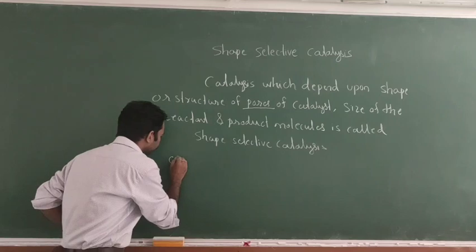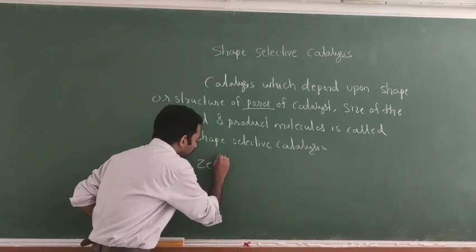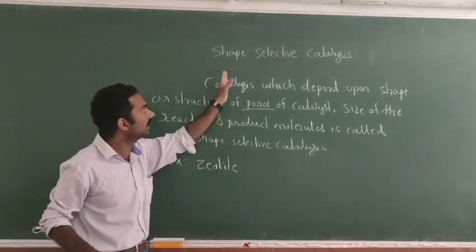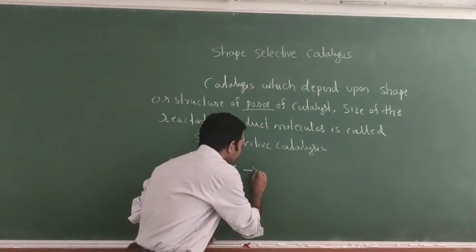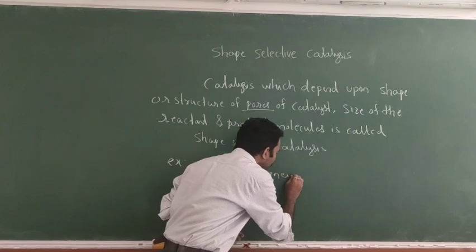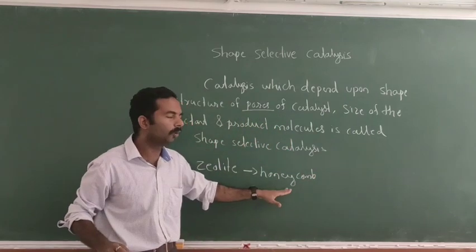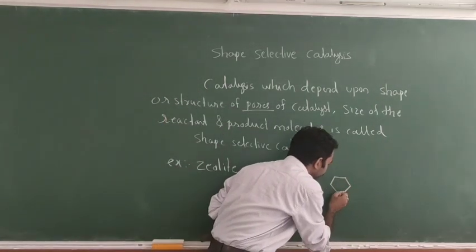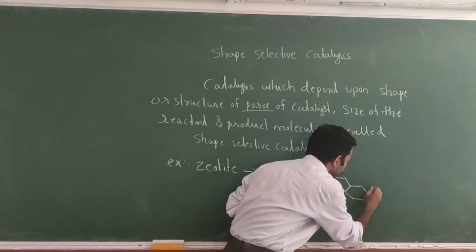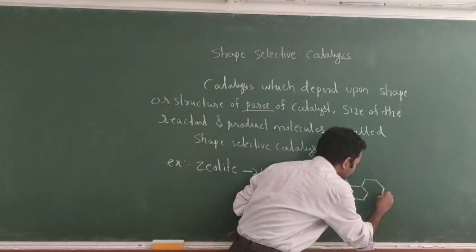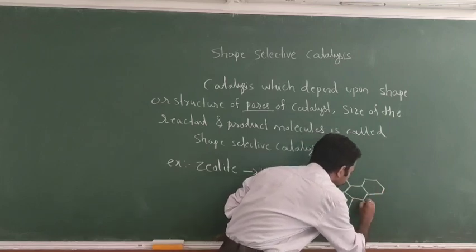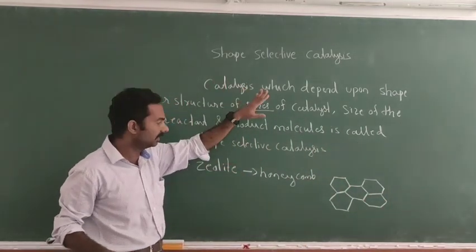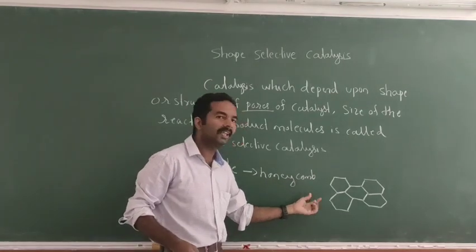For example, zeolite. So here zeolite is the good example for shape selective catalyst because it has honeycomb-like structure.